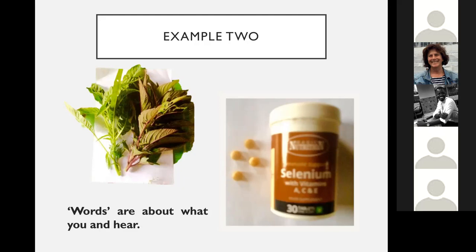If you look at this picture, it can trigger a story of the color of the actual bottle, if you're going to get it from a pharmacy, or the color of what was used to brand these pills. It looks almost the same color as the plant itself, which has a similar nutritional value or supplement.